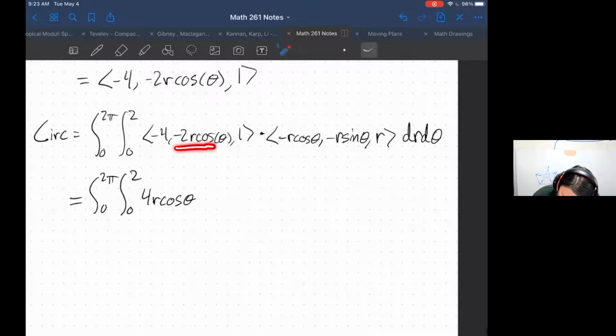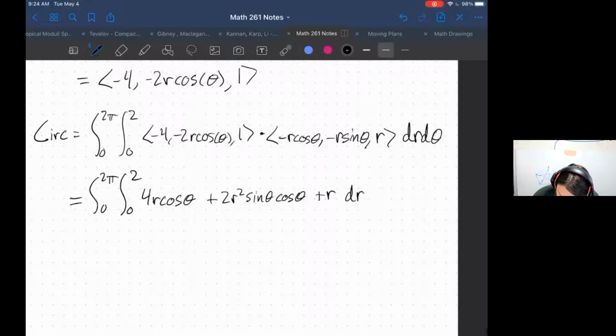Second component, you get a -2 r cosine times a -r sine. So you get a +2 r squared sine of theta cosine of theta. Last component, 1 times r. That's nice. Get just a plus r here. dr d theta.